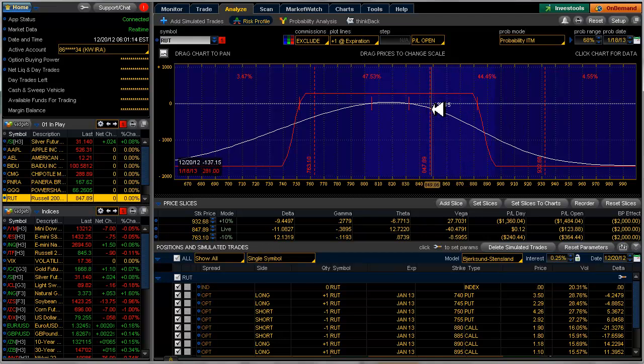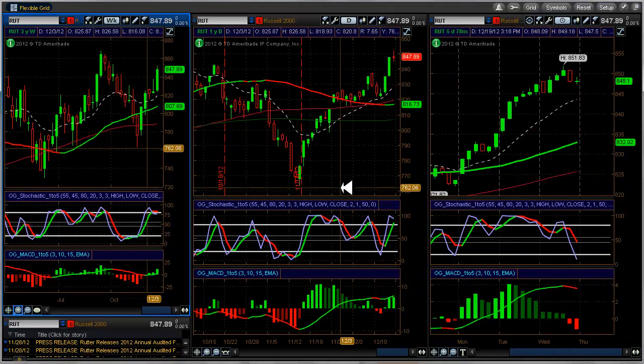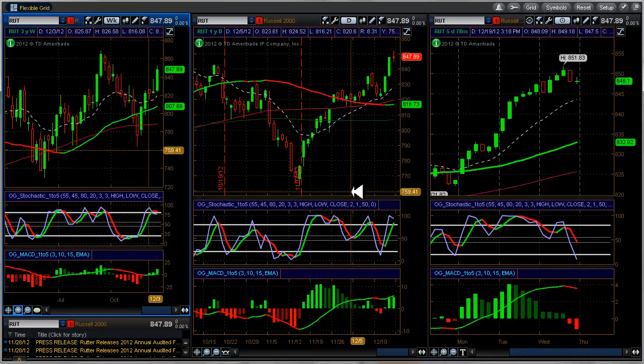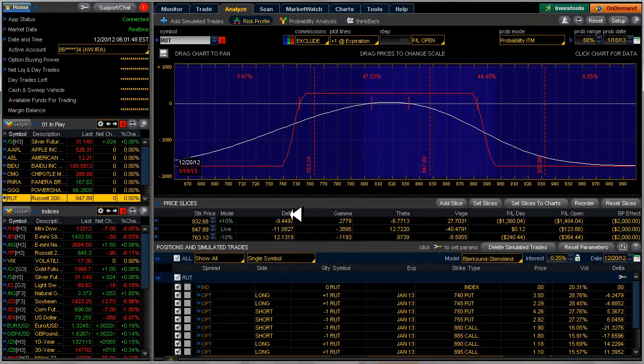We didn't really move that much on this line, but I'm sure this white line dropped a couple of bucks yesterday. And the same thing if you were delta neutral, if you were over here, you probably dropped a couple of bucks there too. So that's how implied volatility can delay the profit that you get on your short positions, any short position actually.